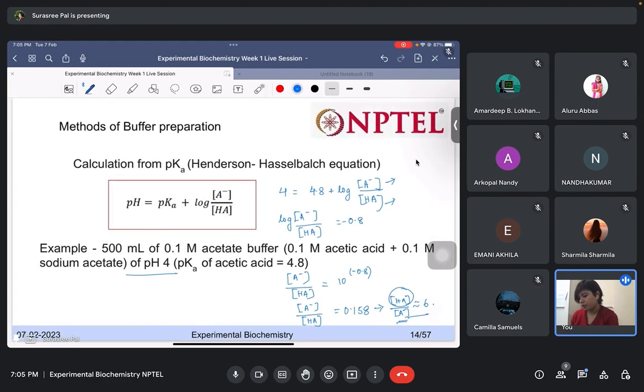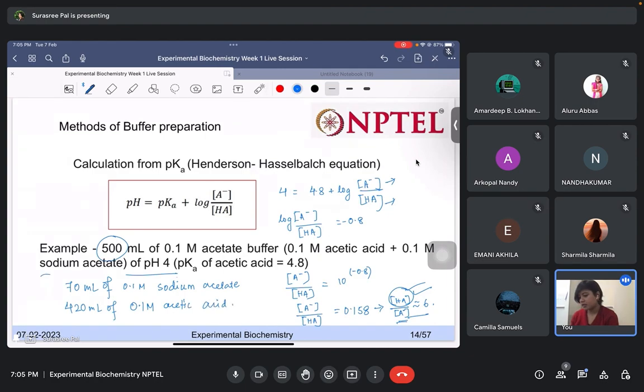So suppose we have to prepare 500 ml of the acetate buffer. What we can do is take 70 ml of 0.1 molar sodium acetate, and we have to take 6 times the acid, so approximately 420 ml of 0.1 molar acetic acid.